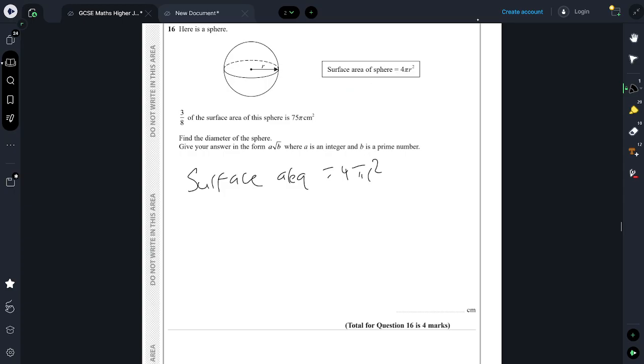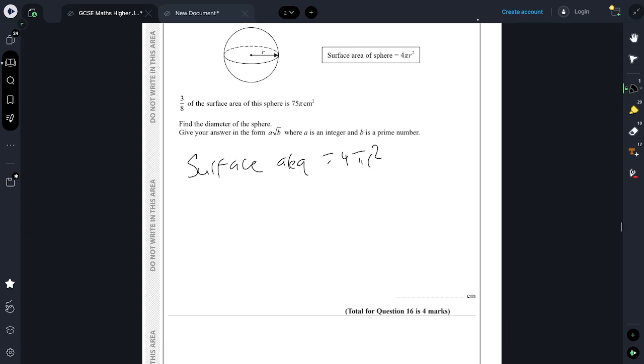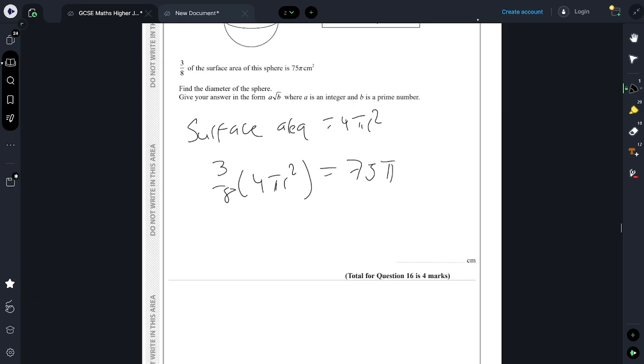So it tells us 3/8 of 4 pi r squared is 75 pi. So 3/8 of the surface area is 75 pi. Well, just let's work with this. 3/8.